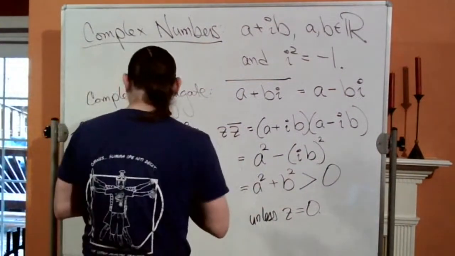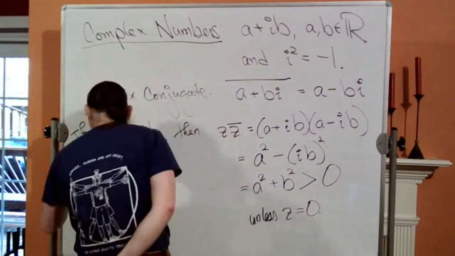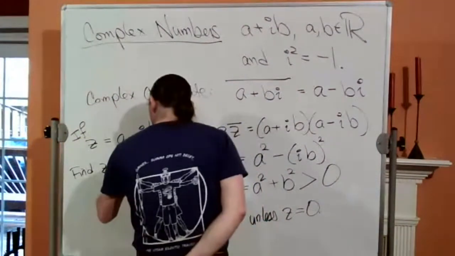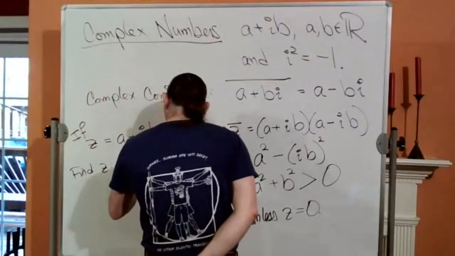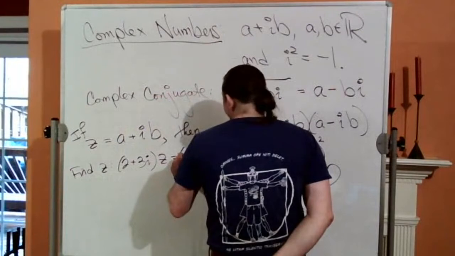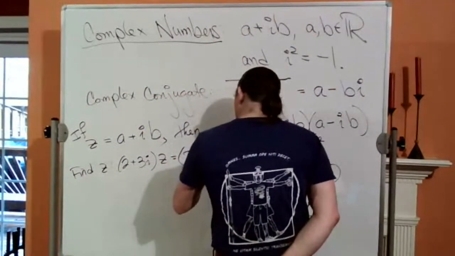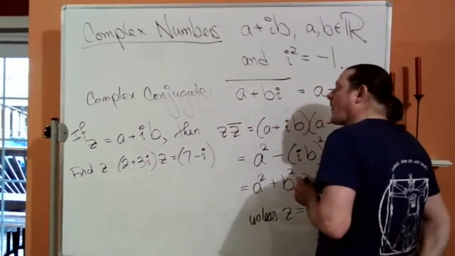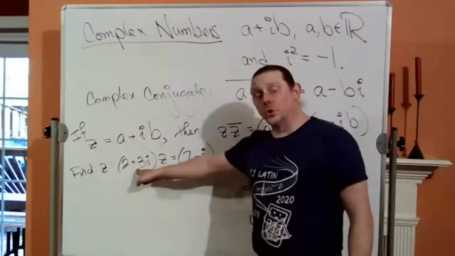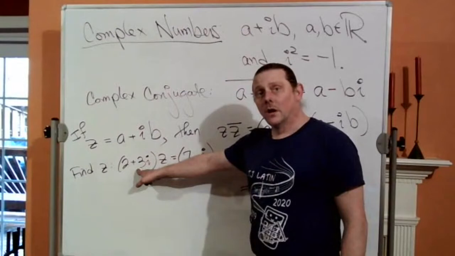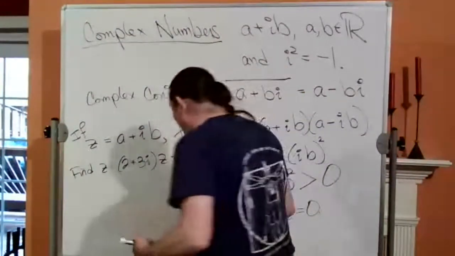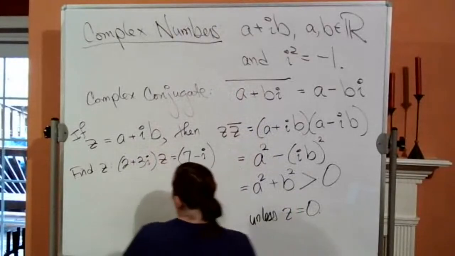So let's say that I wanted to divide. So I wanted to find z such that 2 plus 3i times z equals 7 minus i. All right, so what I'm going to try to do is undo multiplication by 2 plus 3i. All right, I'm going to divide by 2 plus 3i.